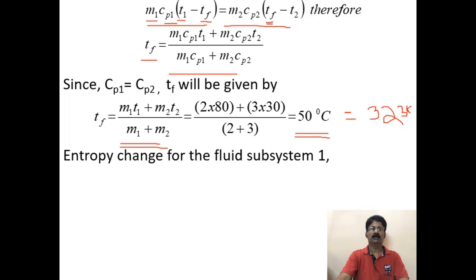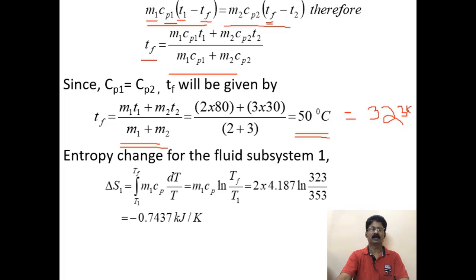Now entropy change for the fluid subsystem 1, its temperature is decreasing. So T1 to Tf. Now it is written capital T1 and capital Tf because it is in Kelvin. Small t1 and small tf is Celsius. So from T1 to Tf, M1 Cp, both are water, Cp you can take, dT by T. This is a formula all of you are very familiar with.